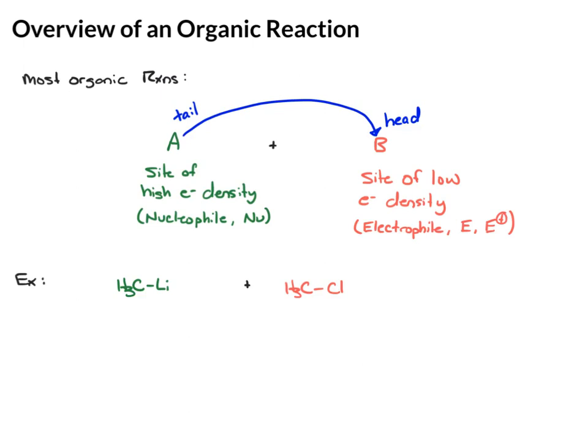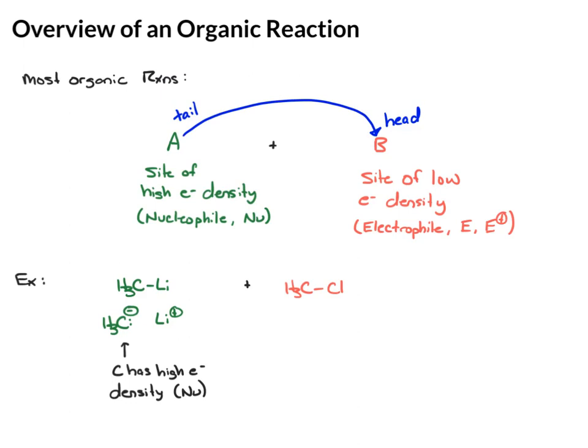So when you see this, it's often best if we write it as the countercation and the carbon anion, and that carbon has a lone pair. So what you can see with this, because this carbon has this lone pair, this negative charge, that is a site of high electron density. So that will be our nucleophile.